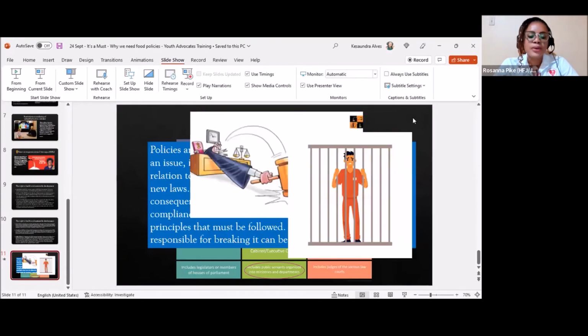Awesome, awesome, awesome. Thank you so much for that presentation, Kesaundra. It was quite informative. And I'm pretty sure we all have a better understanding of the need for healthy food policies, the major or critical role they play in helping to shape healthier food environments across the region.